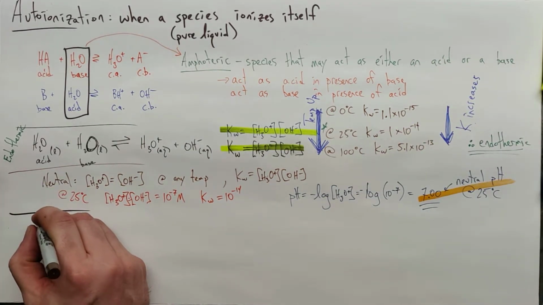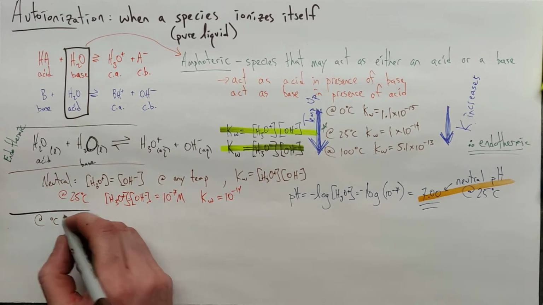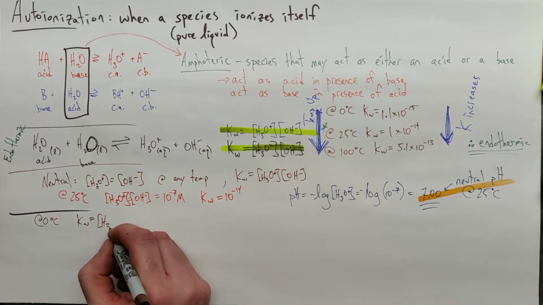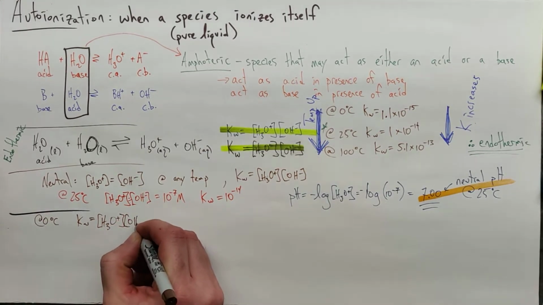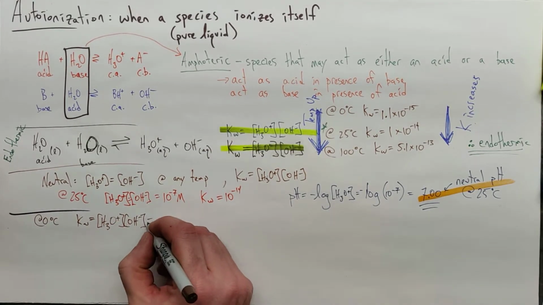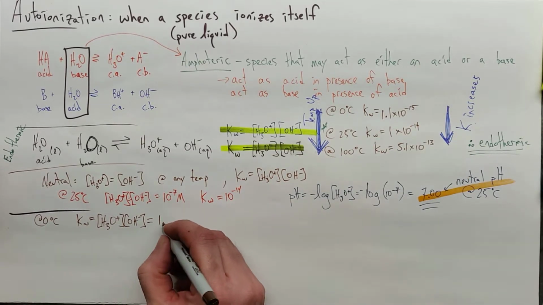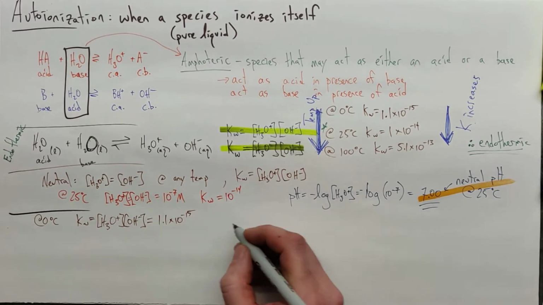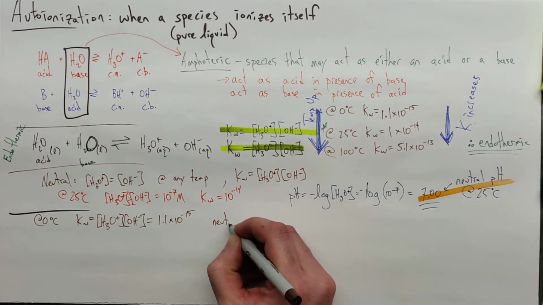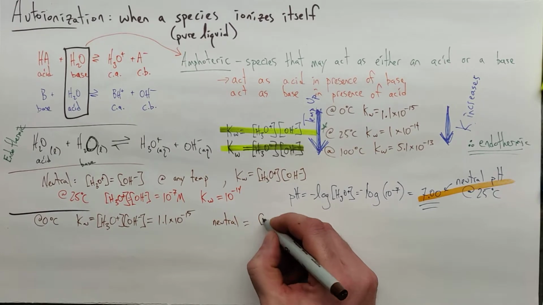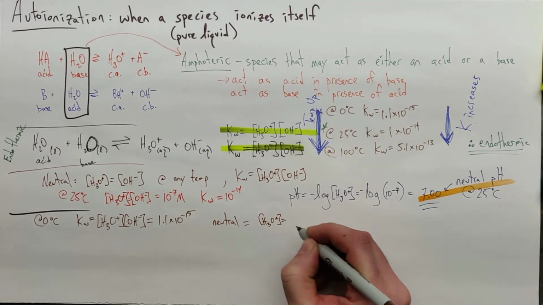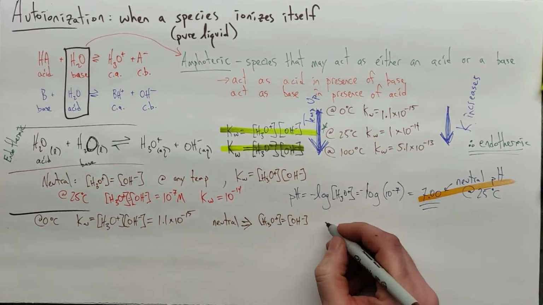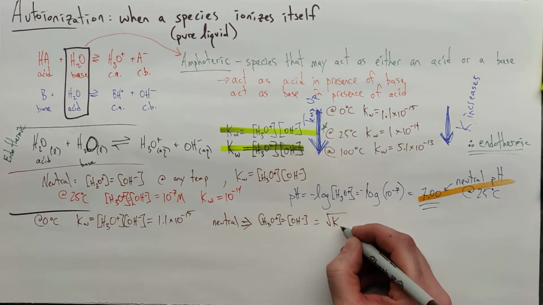So at 0 degrees Celsius, Kw is still going to be H3O+ times OH-, right? But now for 0 degrees Celsius, it's going to be 1.1 times 10 to the minus 15th. So our neutral is when the concentration of H3O+ is equal to the concentration of OH-, and that's going to be the square root of Kw.